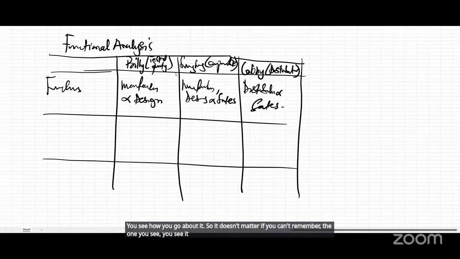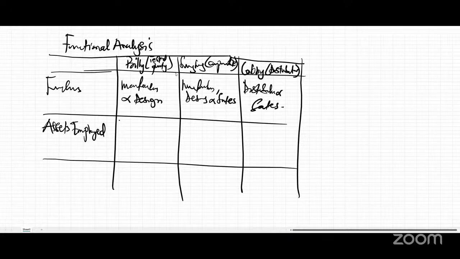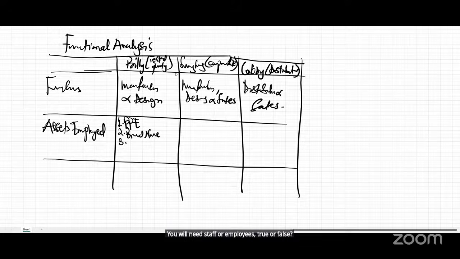Now, if this guy is into manufacturing and design, what assets will he employ to do that? One, he will need property, plant, and equipment. He will need brand name. He will need staff or employees. True or false? Sure. Yeah, so you will need human assets, you will need quality control experts.